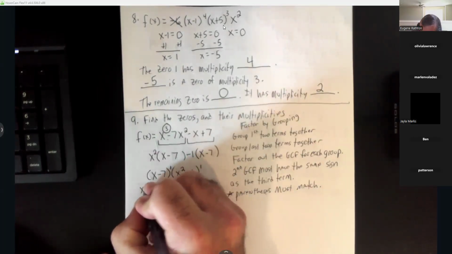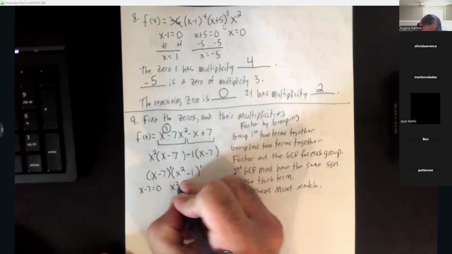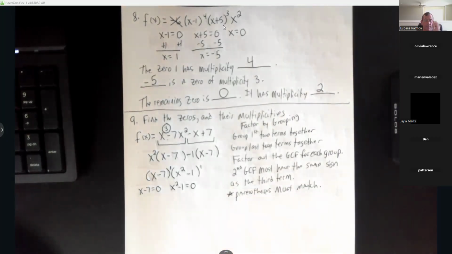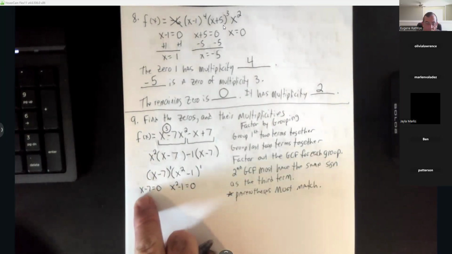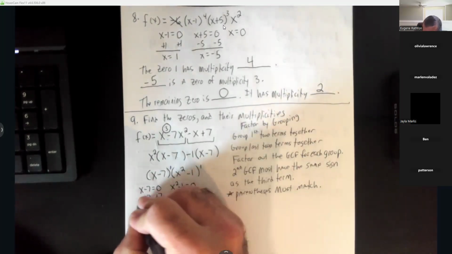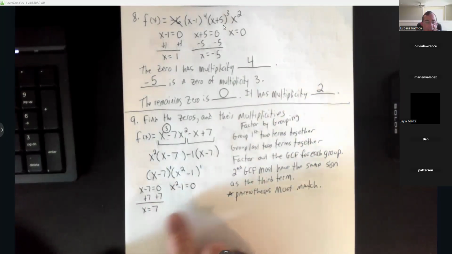So I'm going to set x minus 7 equal to 0. I'm going to set x squared minus 1 equal to 0. So y'all, this will give me one of them because I'm just going to add 7 and be done. So that gives me x is a positive 7.